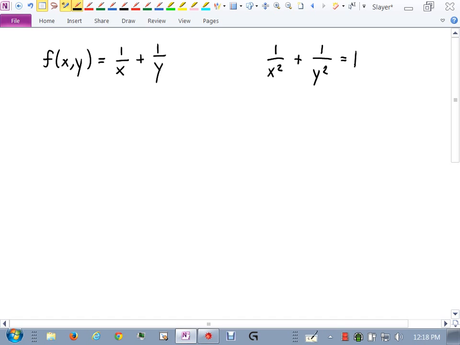We won't even look at the picture. Let's just get right to it. Partial with respect to x: negative 1 over x squared. You agree? Equals lambda times, what's the partial with respect to x for g?